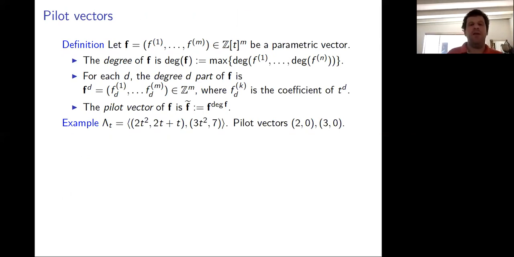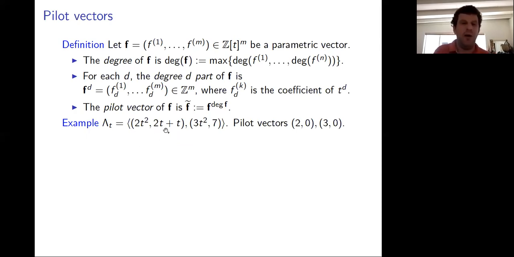So the idea is, suppose I have a vector of polynomials, say 2t squared, 2t plus t. If I think about what happens when t is really big, the direction of this vector is really just going to depend on the coefficients of the highest power of t. So in this case, it's t squared.